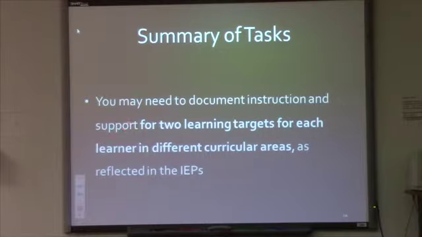So here, they also bolded this for 2 learning targets for each learner in different curricular areas. So if you are using science and math, and you have 2 different learners who are not necessarily in the same group, in the same class, then you exponentially have to expand your narrative. Because now you're talking about 2 different learners in different areas.